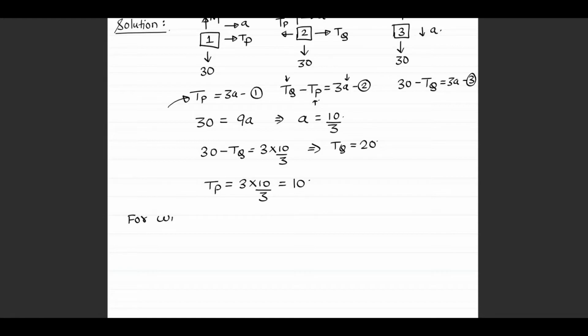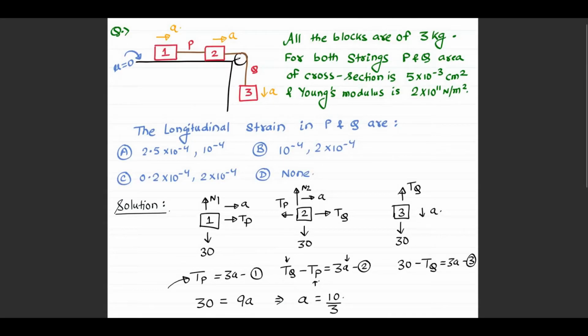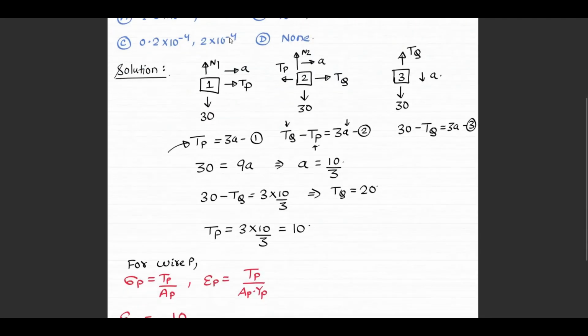for wire P, stress in P can be written as TP by area of P. So strain in P can be written as stress in P divided by Young's modulus of P. So strain can be written as tension divided by cross-sectional area into Young's modulus. See, the cross-sectional area is the same for both of them, and Young's modulus is also the same for both of them.